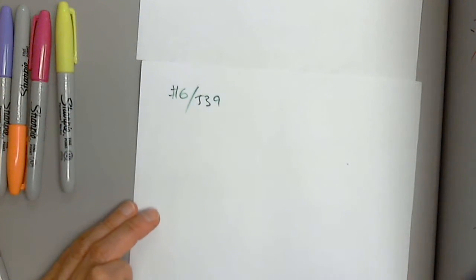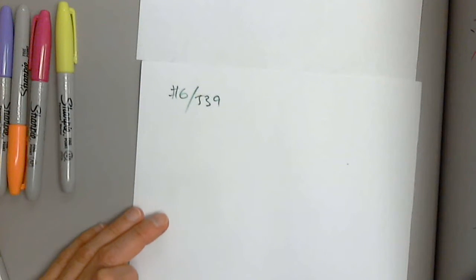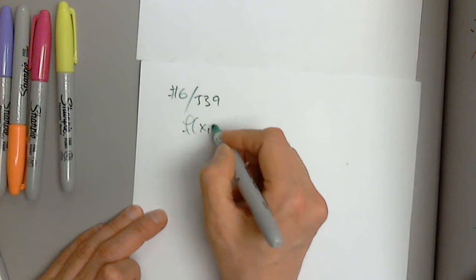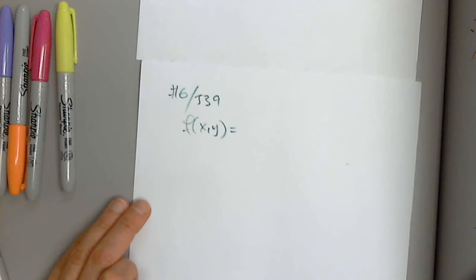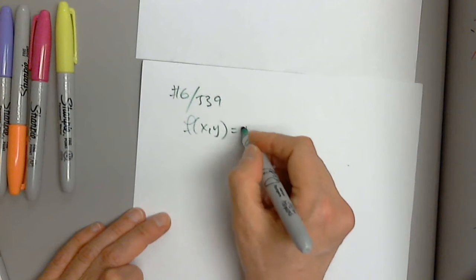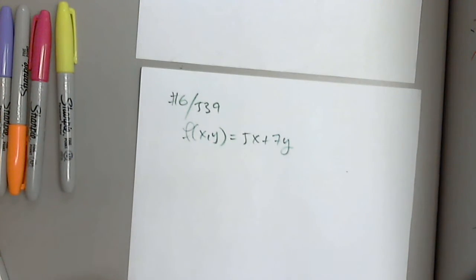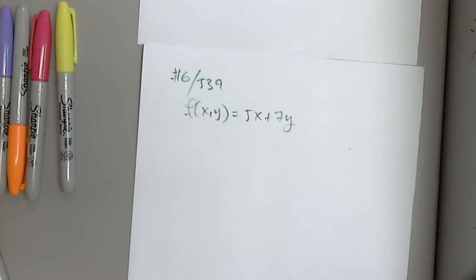That's the easiest I could find. f of x y equals 5x plus 7y. We are asked, how many variables does this function have?